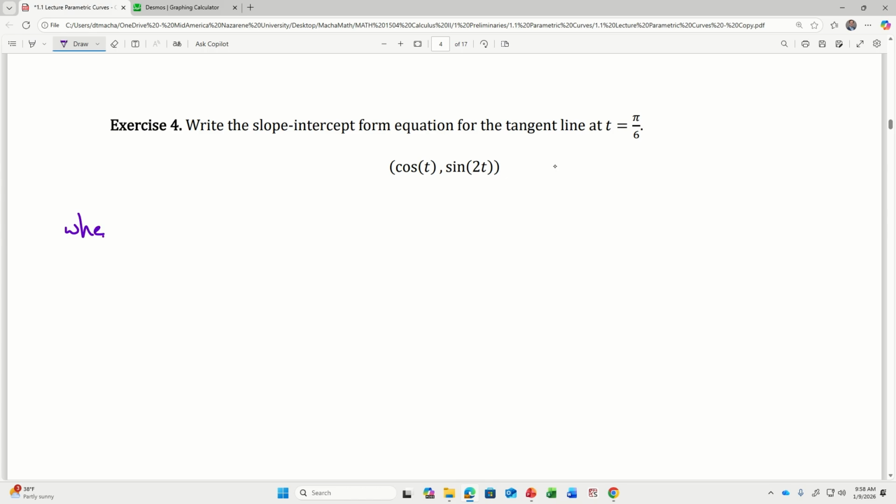So when t is equal to pi over 6, we get the coordinate pair cosine of pi over 6, which was like 0.866-ish, and then sine of pi over 3, which was also 0.866.